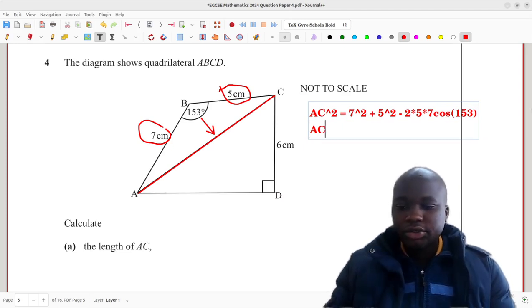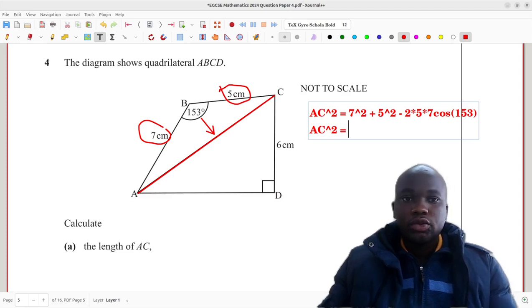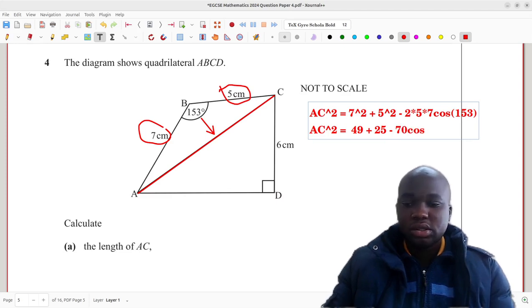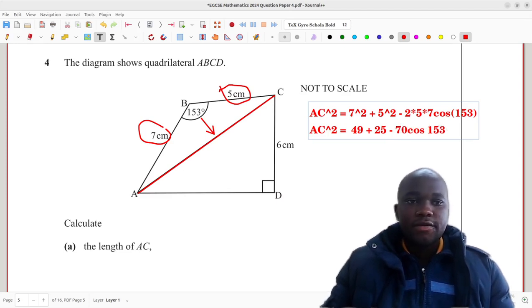And then your AC squared equals 7 squared, that's 49, plus 25, minus 2 times 5, it's 10, times 7, that's 70, cos 153.